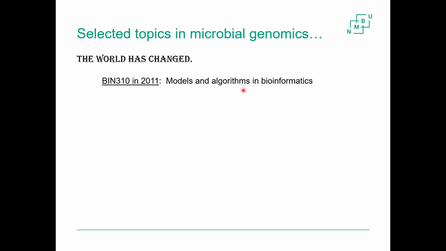And it was more theoretical, where we looked into the ideas of the various tools that were used in bioinformatics back then. And some of them we still use. What has changed is that in the last few years, I have changed the course content and the way we approach things completely.